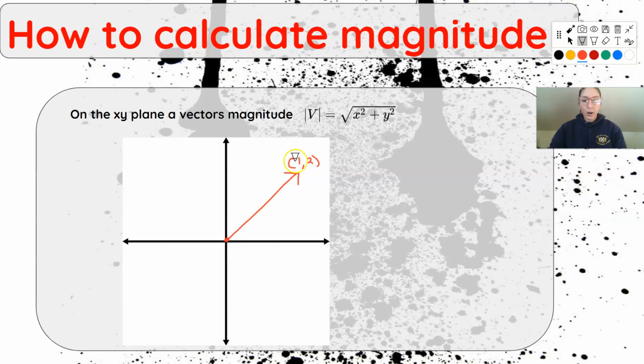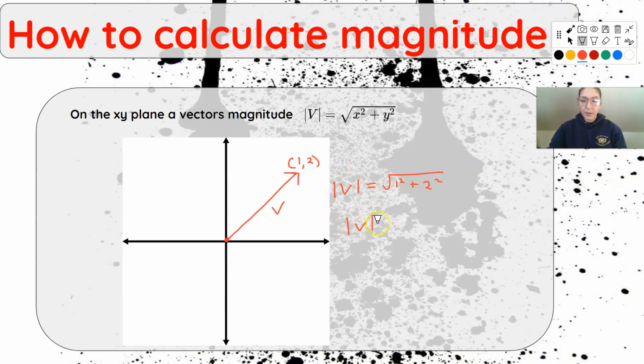R and the magnitude of the vector are going to be the same thing. So if we wanted to calculate the magnitude of this vector v, then the magnitude of my vector v is equal to the square root of x squared plus y squared.